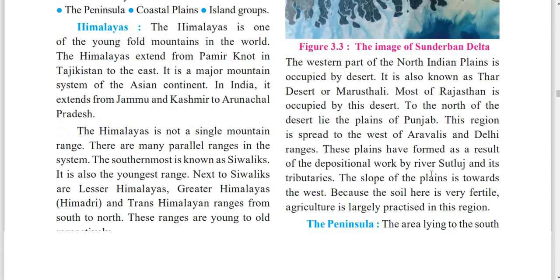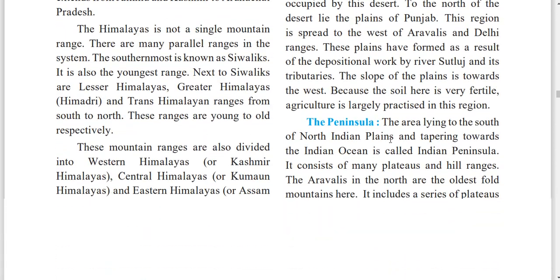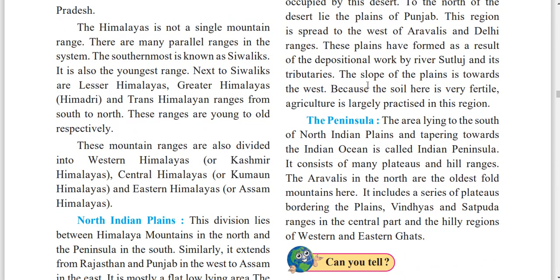These plains have formed as a result of the depositional work by river Satluj and its tributaries. The slope of the plains is towards the west. Because the soil is very fertile, agriculture is largely practiced in this region.